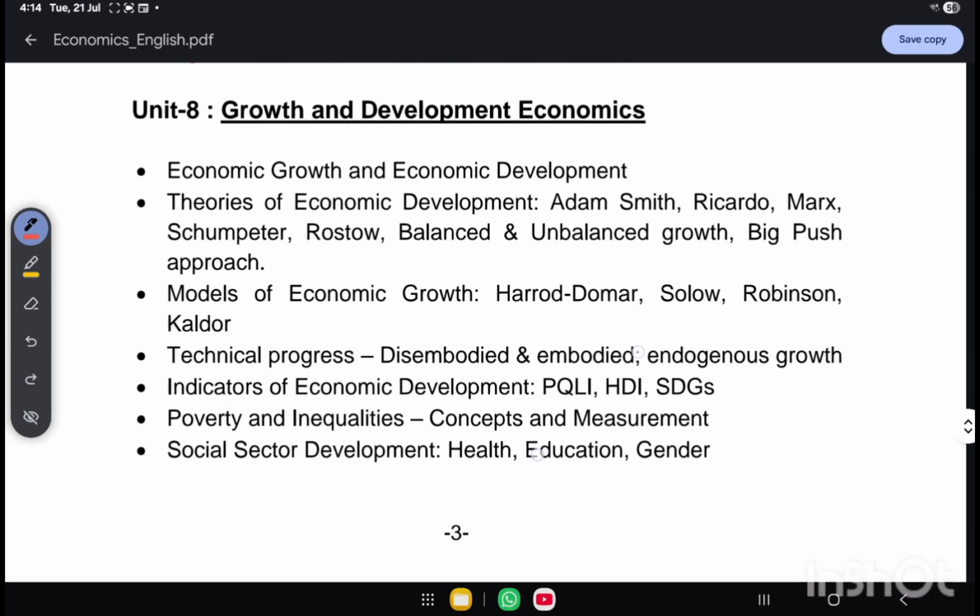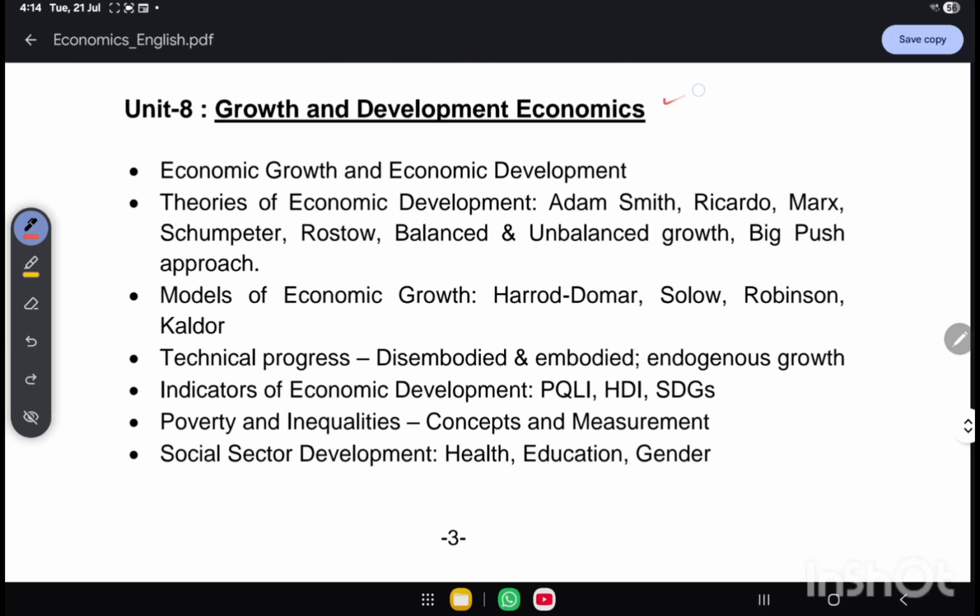And in unit 8 you have growth and development economics. So you're going to learn what's the difference between economic growth and economic development, and some theories related to economic development given by different economists.